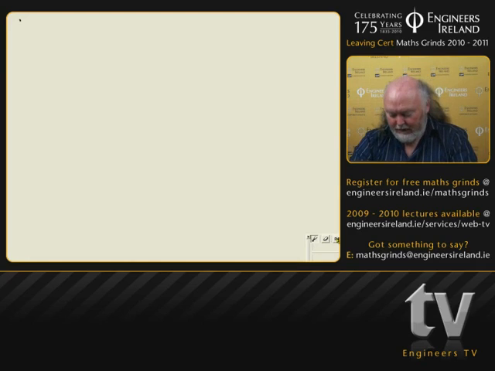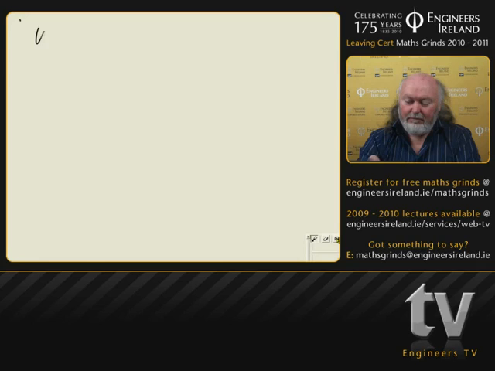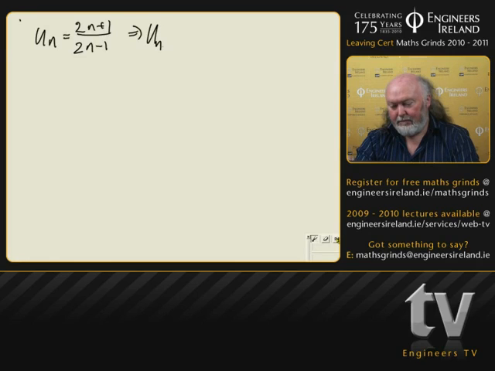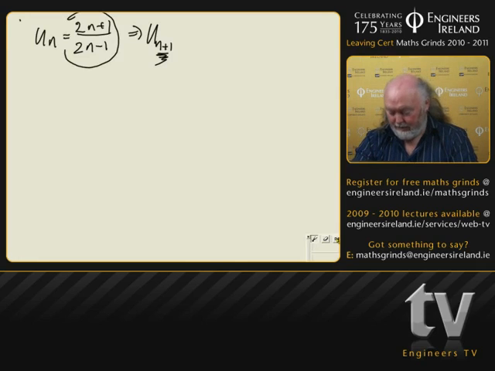The same thing works here, okay? If un is equal to 2n plus 1, notice every place we had an n over here, we're now going to put in an n plus 1.